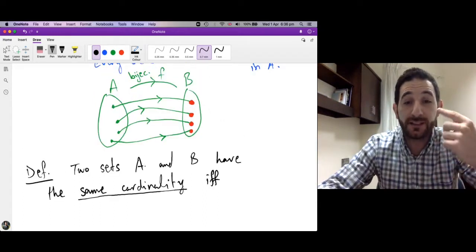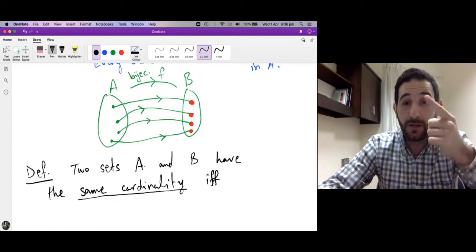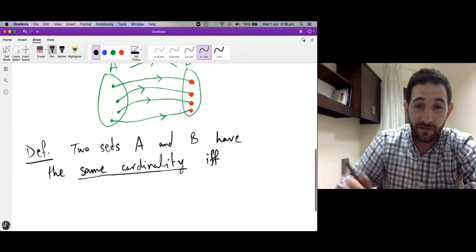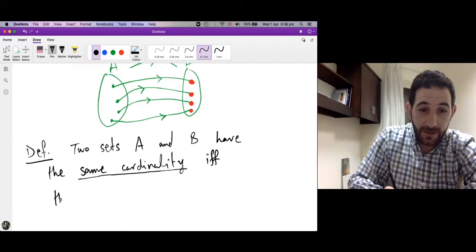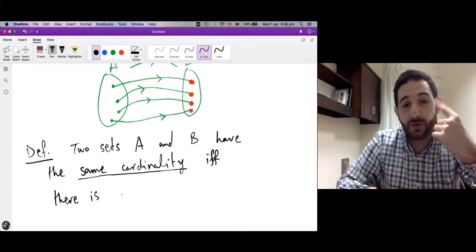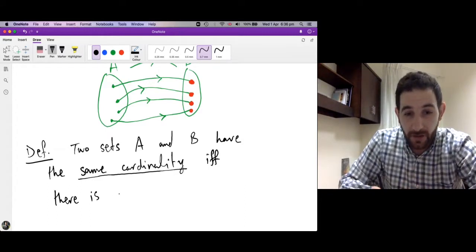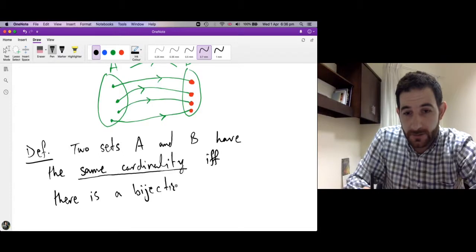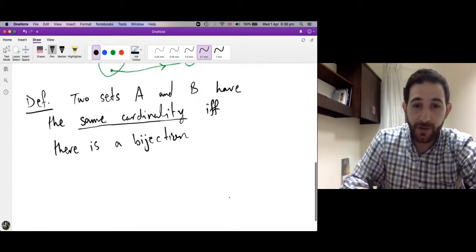If there exists at least one function from A to B which is a bijection. If and only if there is at least one. If we manage to find just one, there is a bijection f from A to B.